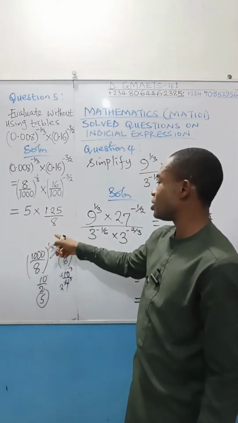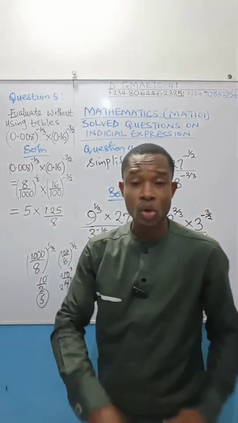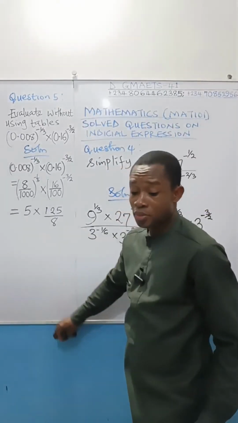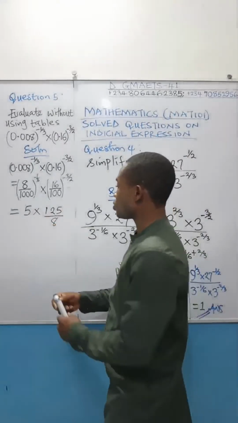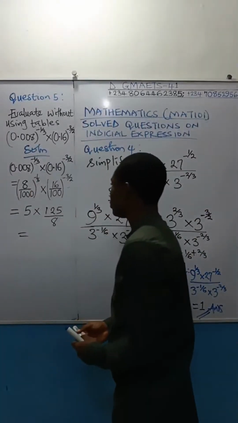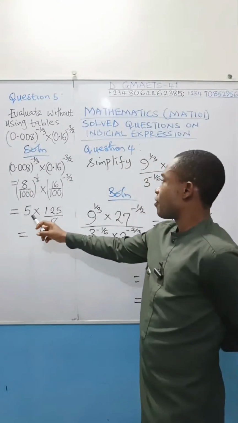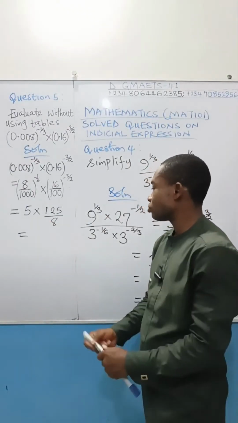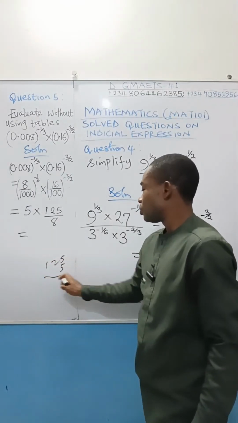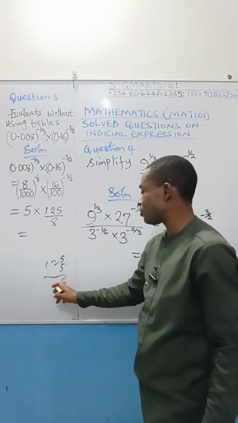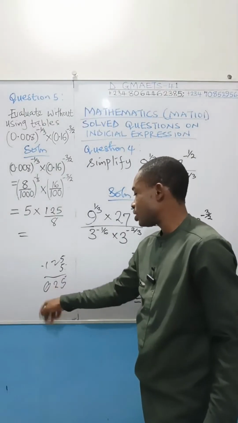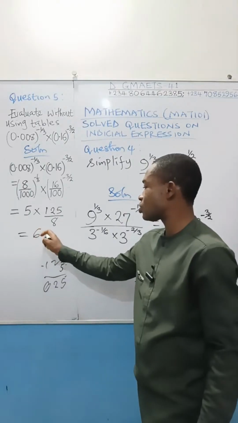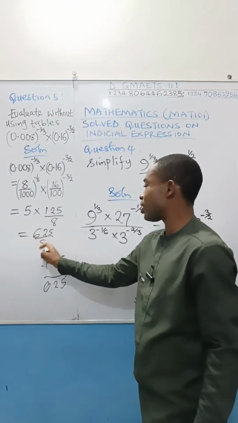You can now multiply this and divide by this. Nothing can reduce this term anymore. Because nothing can reduce it, you can just multiply out straight. 5 times this will give you 625 divided by 8.